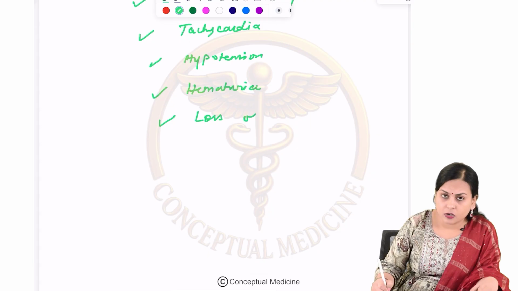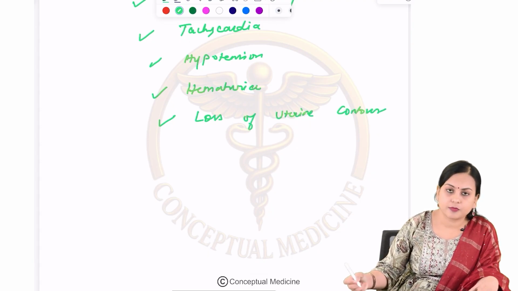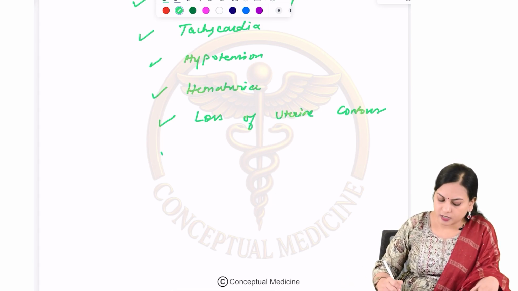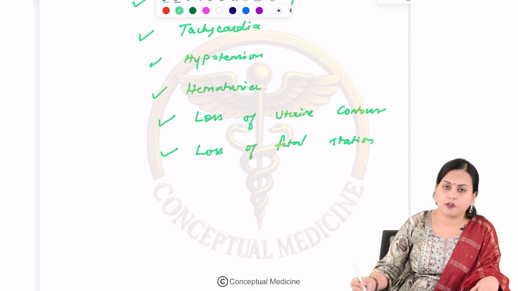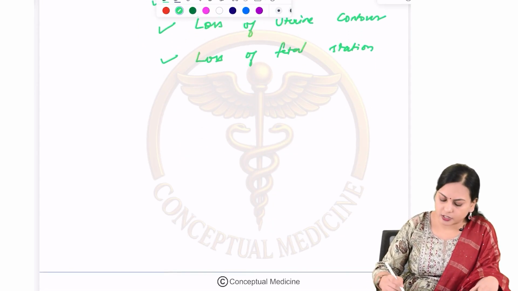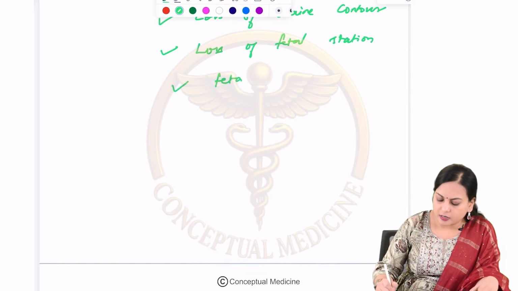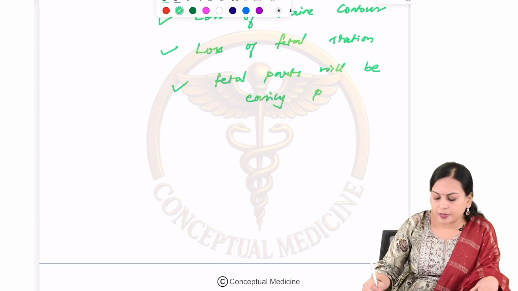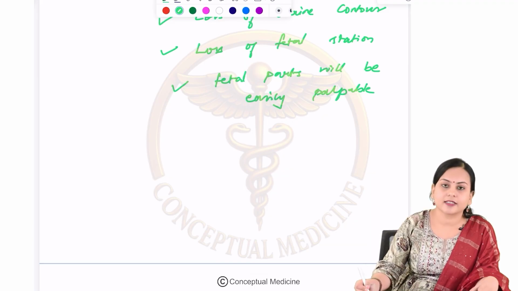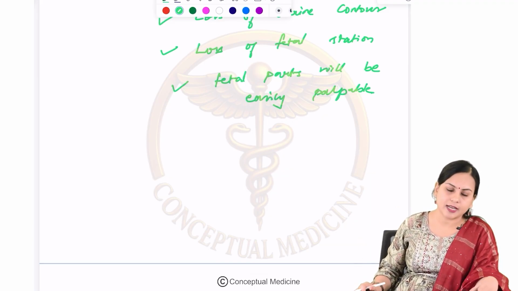There can be loss of uterine contour as soon as the rupture has occurred, right? Then there is loss of fetal station if you attempt to perform vaginal examination, and the fetal parts will be very easily palpable because the fetus is not anymore lying in the uterus, it has come into the abdominal cavity, right?